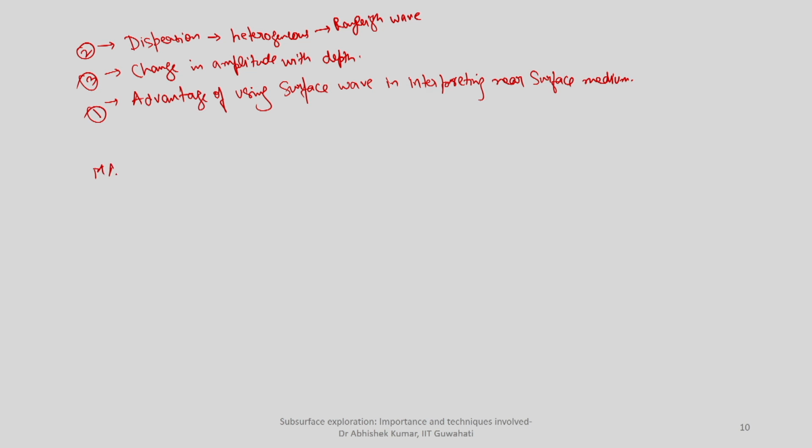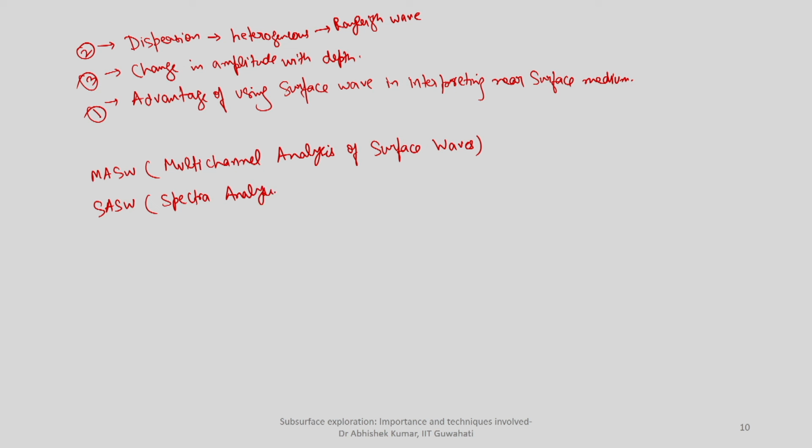So, one is the MASW survey, that is multichannel analysis of surface waves, and the other one is SASW, that is spectral analysis of surface waves.